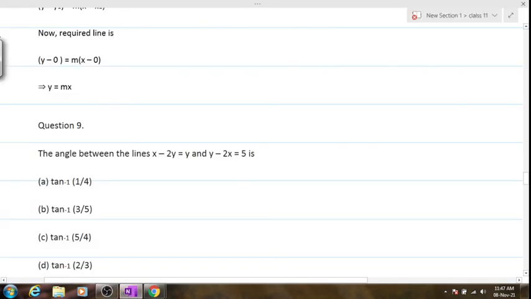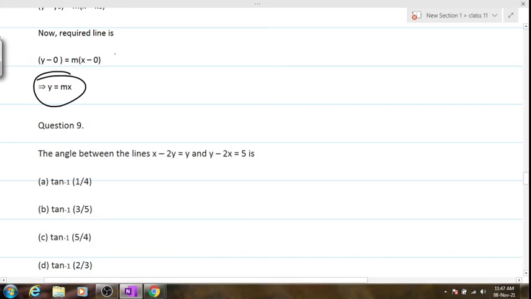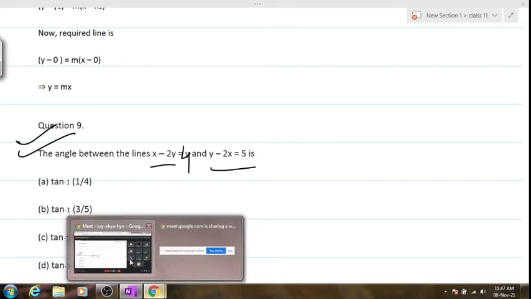The answer for the previous one is y is equals to mx. Question number 9, the angle between both the lines. I feel one mistake out here. This will be 4, okay? Apart from that, the entire question is correct.